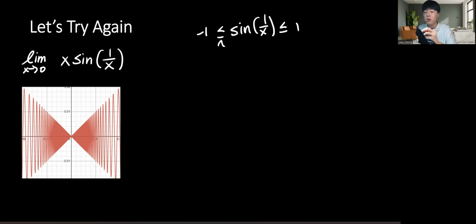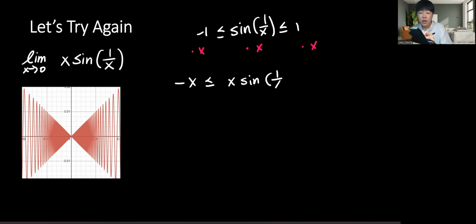The next part is making sure that the function in the middle is x sin(1/x), not just sin(1/x). In order to get x sin(1/x), we multiply x on every side, which gives an inequality of -x, x sin(1/x), and x.